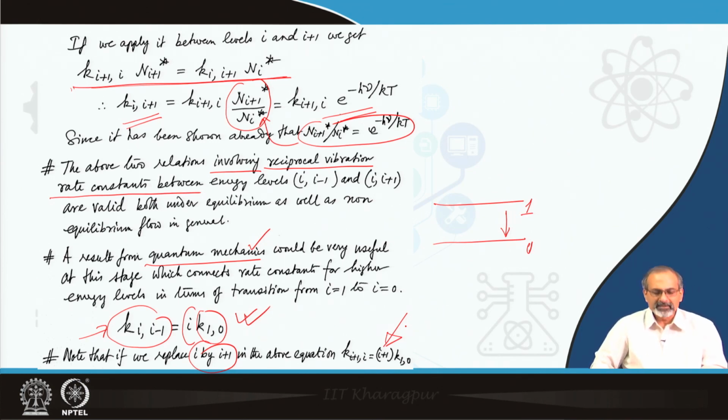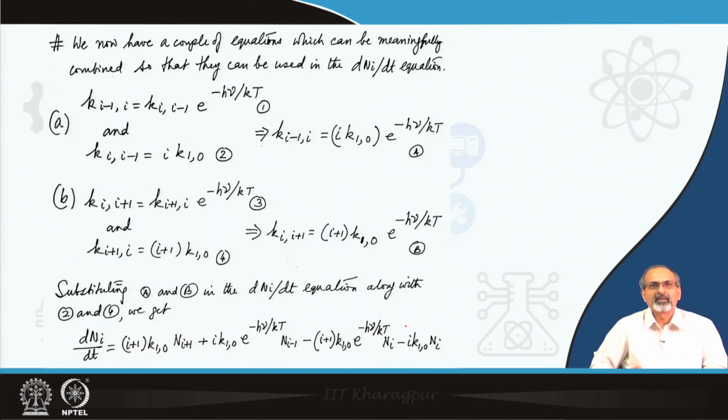Why we mention it here is because we will soon see that it will be required for us. We now have a couple of equations which can be meaningfully combined, so that we can use them in the d n I dt equation. So, let us club them together.